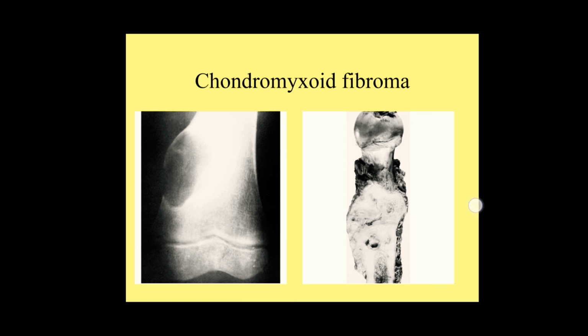Here you are seeing the hyaline cartilaginous component with benign chondrocytes in between, and here you are seeing a spindle cell component. This mixture of chondromyxoid stroma, benign chondrocytes and spindle cells represents the chondromyxoid fibroma.